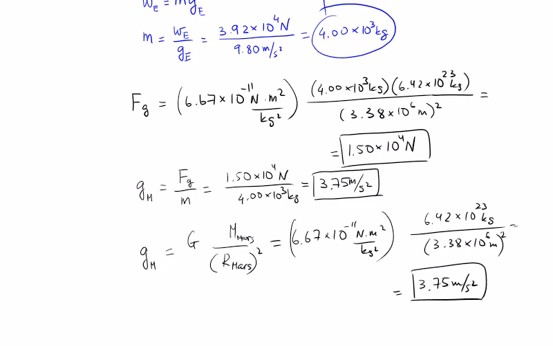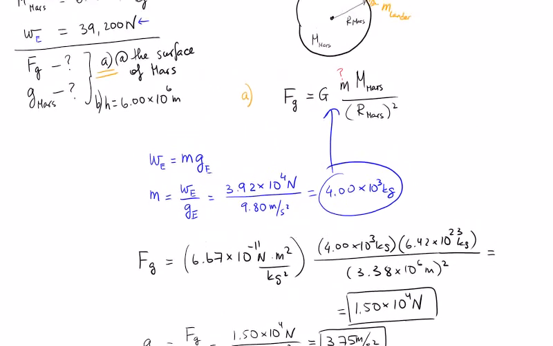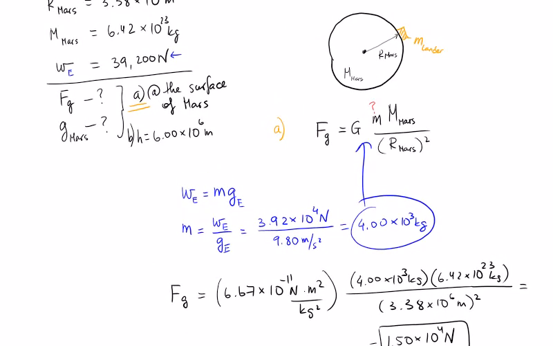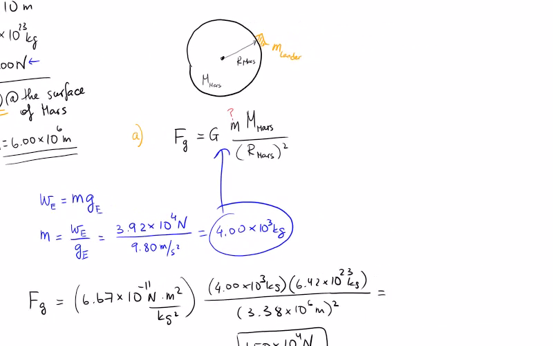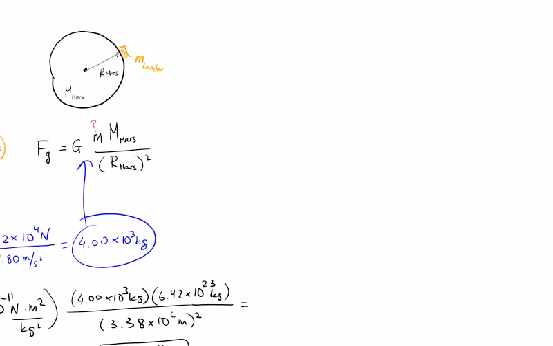Now the second part of the problem says to find the gravitational force at the height of 6 times 10 to the 6 meters. In part B, our situation is this.